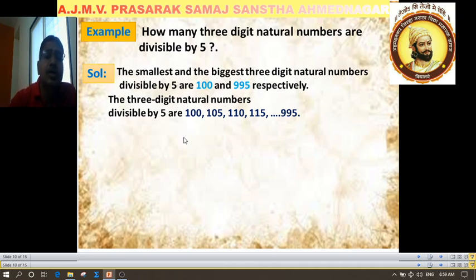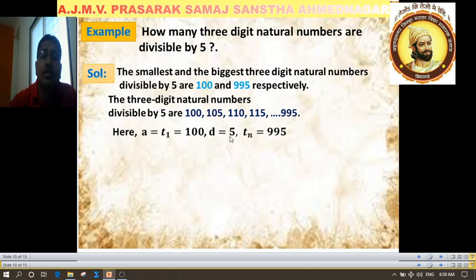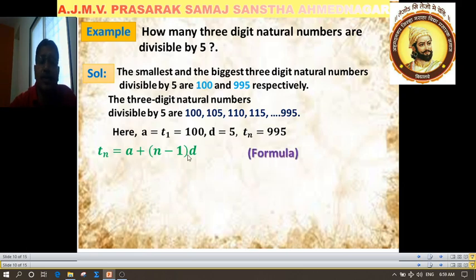So this is the arithmetic progression whose first term a is equal to t1 is equal to 100. The common difference between any two consecutive terms d is 5, and suppose the last term, that is nth term, is 995. So the formula is tn is equal to a plus n minus 1 times d.